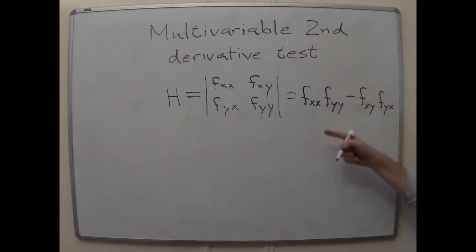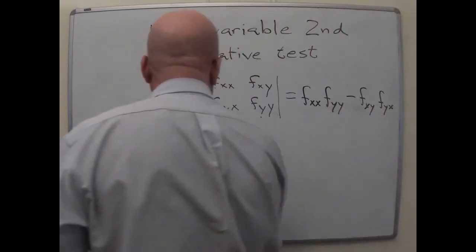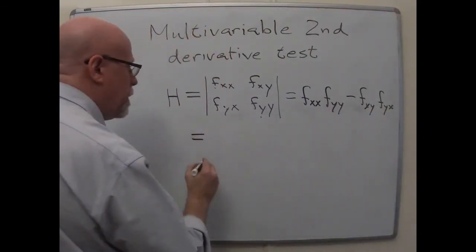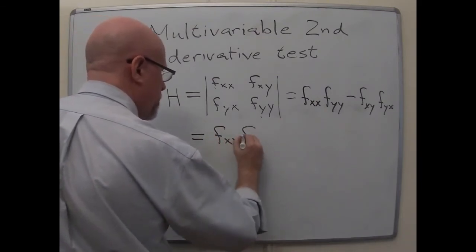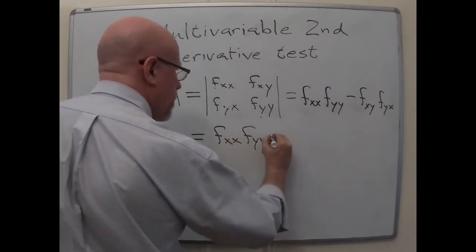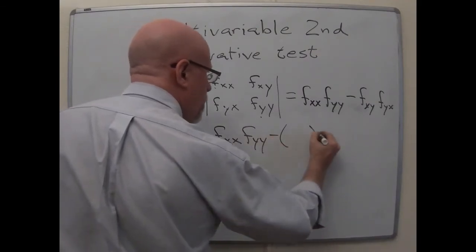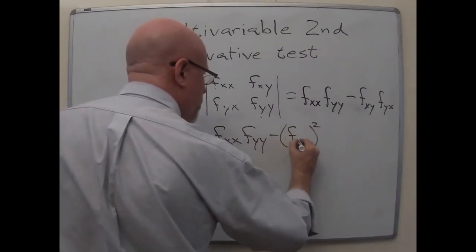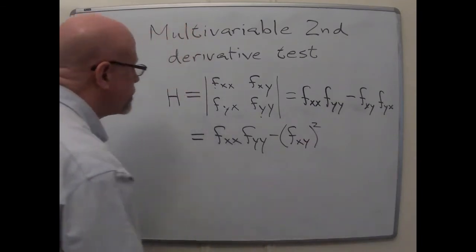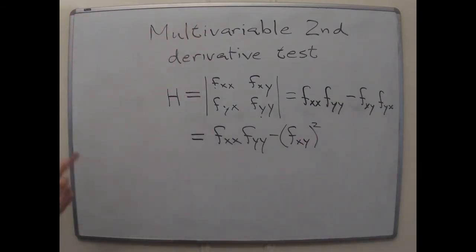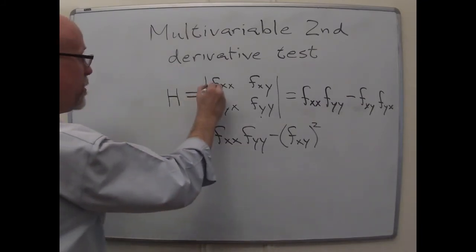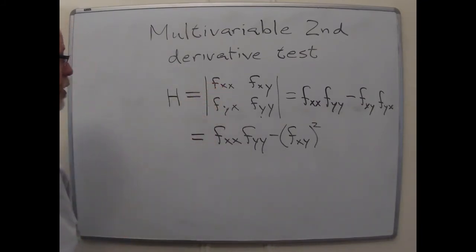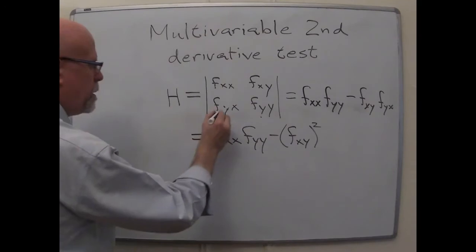So you can re-express this whole thing, this so-called Hessian determinant, as the product of the double x with the double y minus the square of the mixed one. So that's what this thing is, how you calculate it. That's why it's what it is. It's the determinant of a particular matrix.